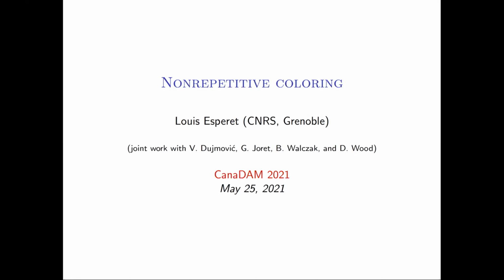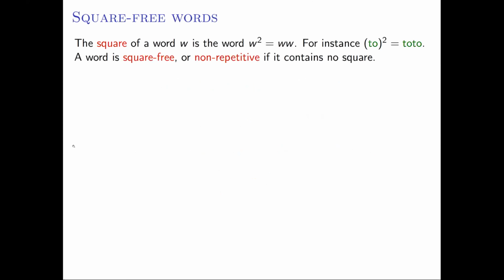Okay, so what is non-repetitive coloring? The origin of this is in combinatorics on words. When you have a word, a sequence of letters in some alphabet, the square of a word W is the concatenation of W with itself, so W followed by W. For instance, the square of "to" is "toto".